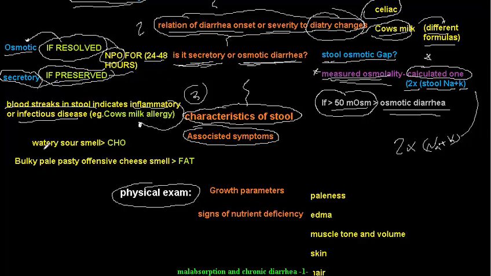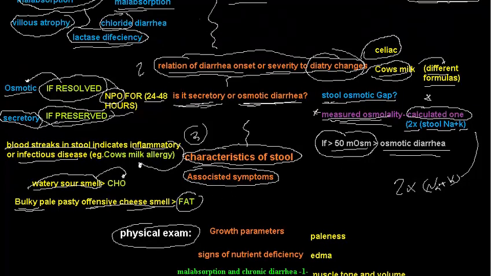If you have watery, sour-smelling diarrhea, it is mostly carbohydrate malabsorption diarrhea. If you have bulky, pale, pasty, greasy, offensive, cheese-smelling stool, it is steatorrhea, a fat diarrhea.